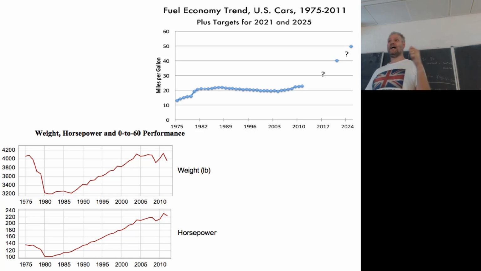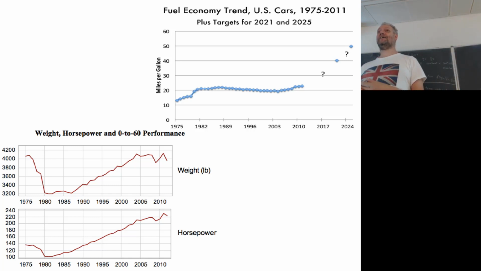And at the same time, the fuel economy has been flat. So this is a remarkable feat of engineering, right? You drag more and more weight around with more and more powerful engines without burning more fuel. But of course, you're still burning as much fuel as you used to, so your CO2 emissions have not come down, right?